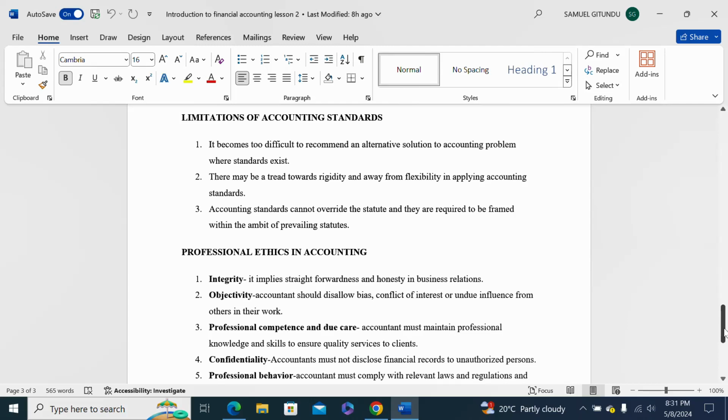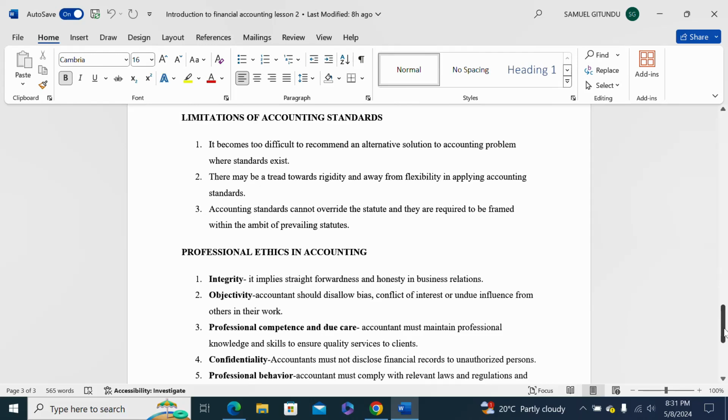The second professional ethic is objectivity. Accountants should disallow bias, conflict of interest, or undue influence from others in their work. You should not be biased or accept undue influence when you are doing your work.